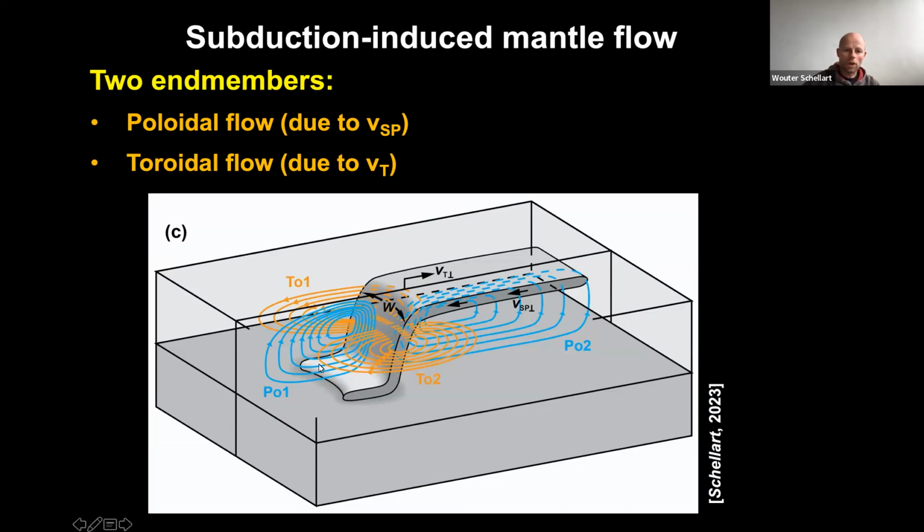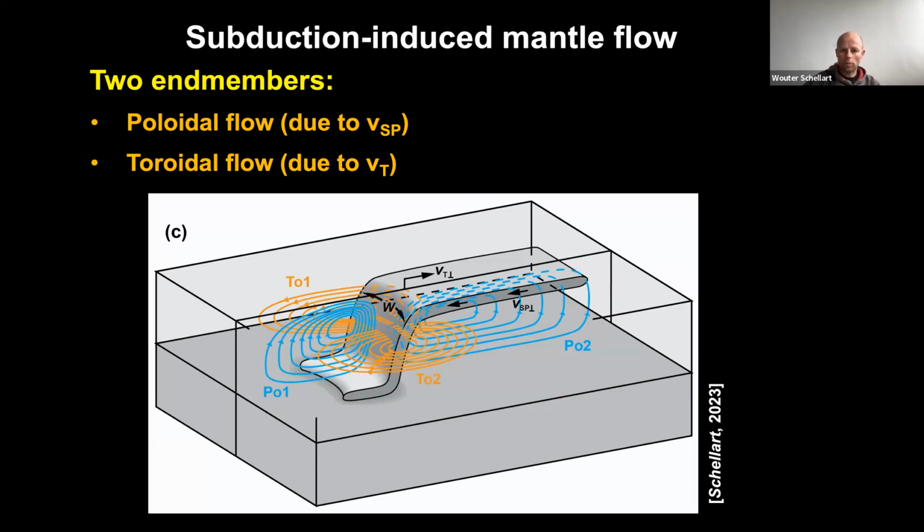We see here in light blue two poloidal flow cells, one in the mantle wedge, where flow is occurring around a horizontal rotation axis, clockwise in this setting, and another one counterclockwise in the subslab, and this is related to the VSP type of subduction.